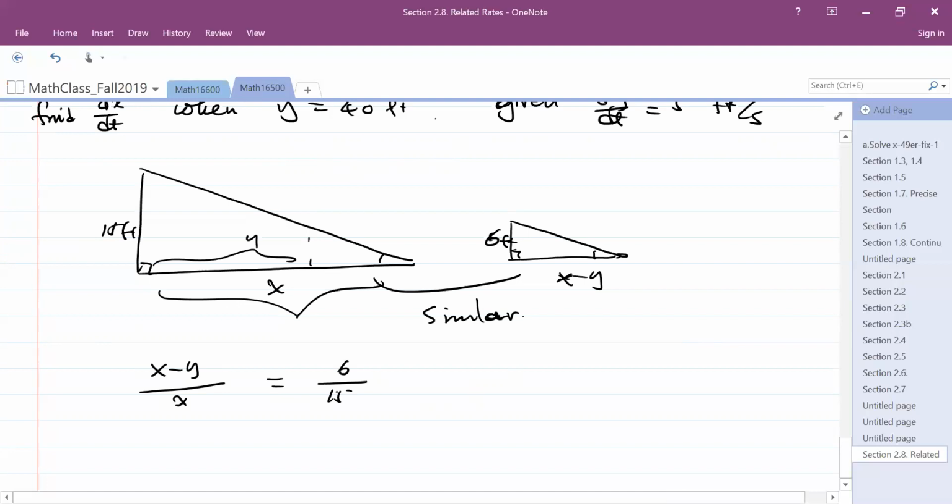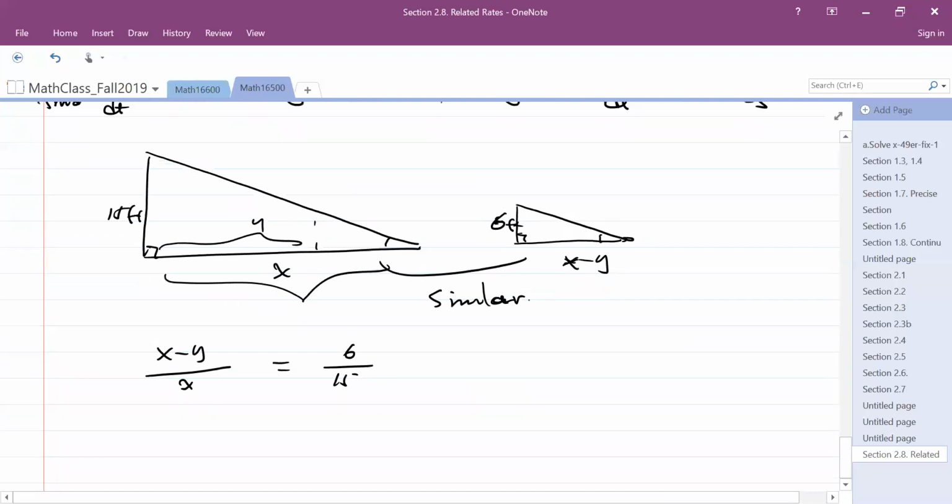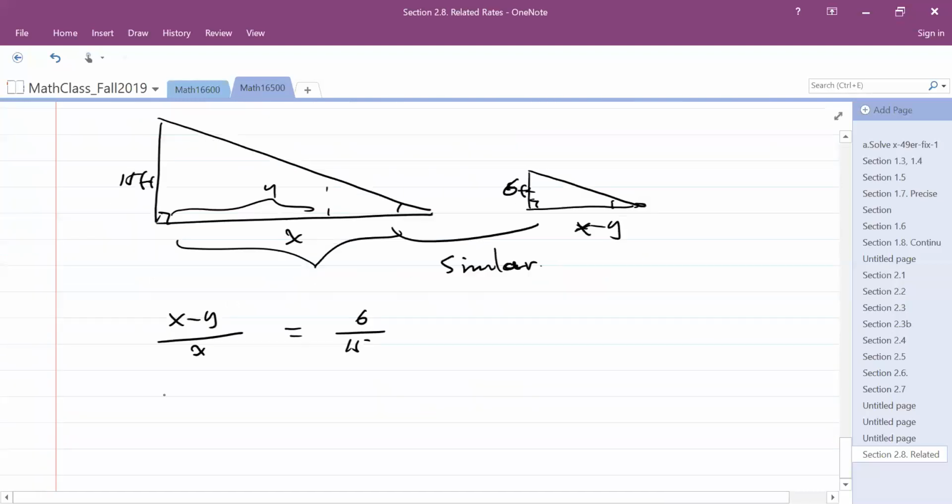That's the relationship. Now we have to solve for x, not y. So x minus y equals x. Let me simplify this first: 2 over 5 x.